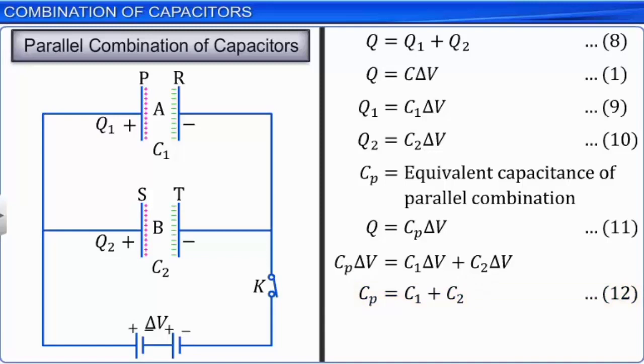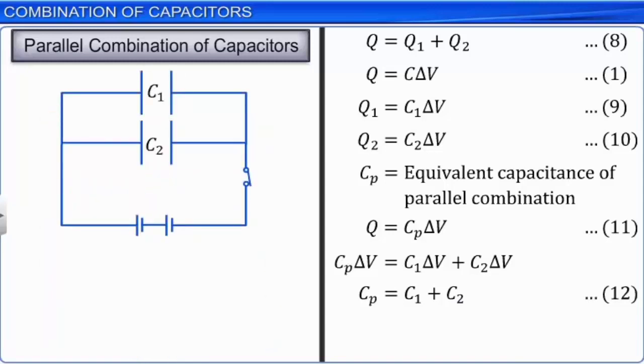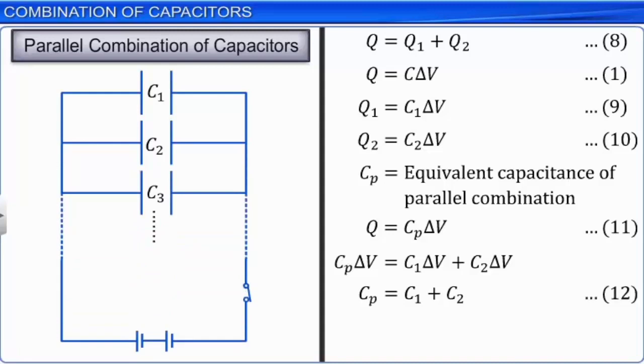If n number of capacitors with capacitances C1, C2, C3, so on, up to Cn are connected in parallel, then the expression for equivalent capacitance of the combination Cp is given by Cp is equal to C1 plus C2 plus C3 plus so on plus Cn.